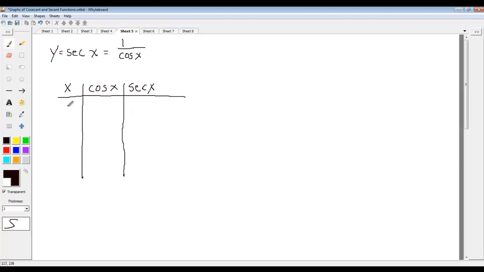So like if x is 0, we know that cosine of 0 is 1. Secant of 0 is going to be also 1, because reciprocal of 1 is 1. If you got pi over 3, cosine of pi over 3 is 1/2. Reciprocal of that is 2 for secant. So while cosine is a smaller number, secant is a larger number. At pi over 2, cosine is 0, secant's going to be undefined, because 1 over 0 is undefined. At 2 pi over 3, cosine's negative 1/2, secant's going to be negative 2.